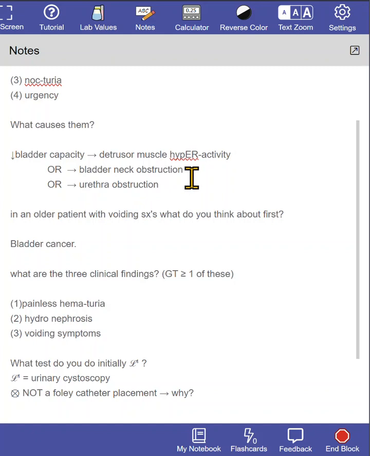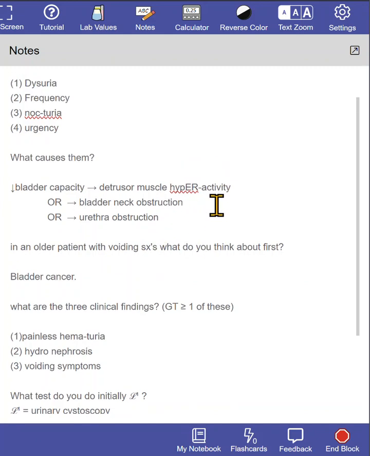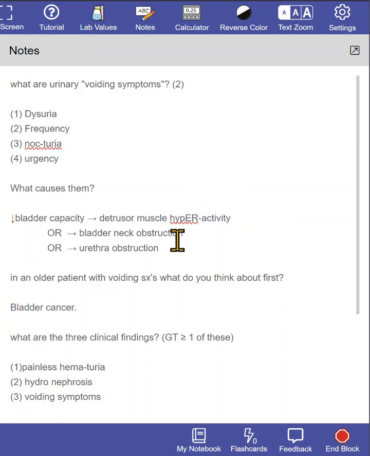Or you have bladder neck obstruction, or urethral obstruction. So there are two types of obstruction, bladder and urethral, and then you have this detrusor muscle hyperactivity problem from decreased bladder capacity.